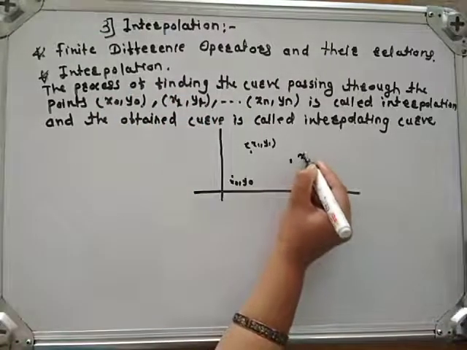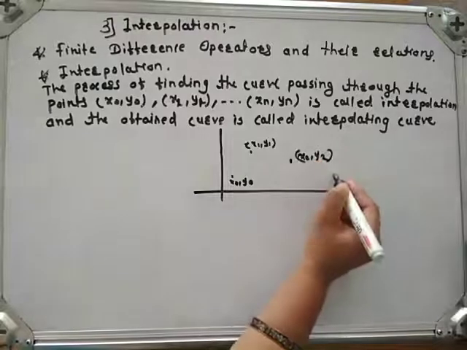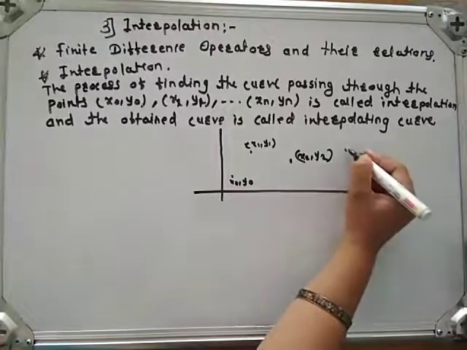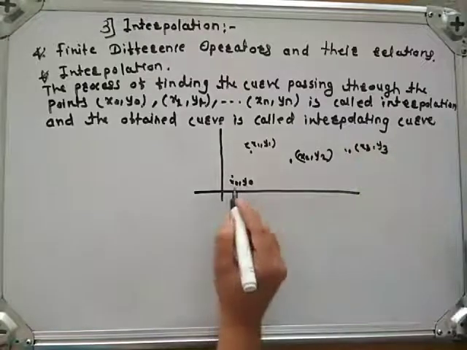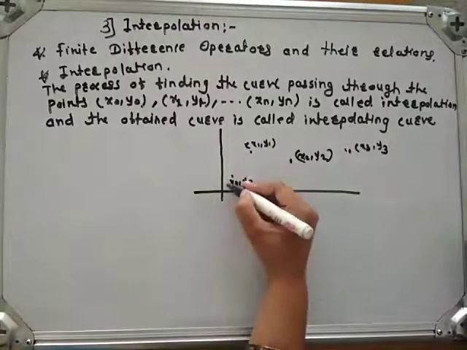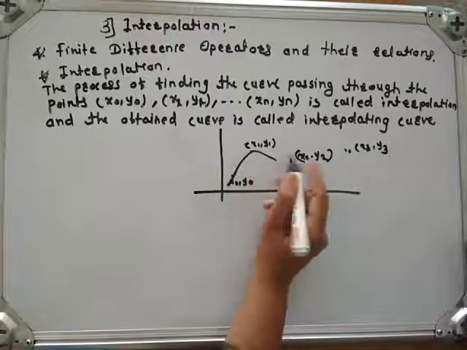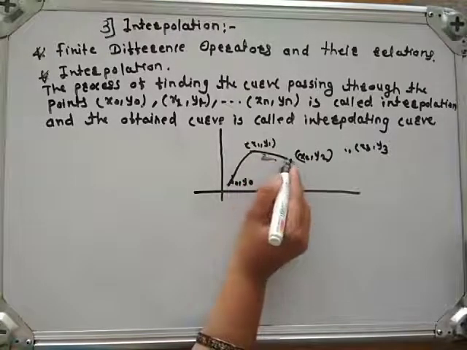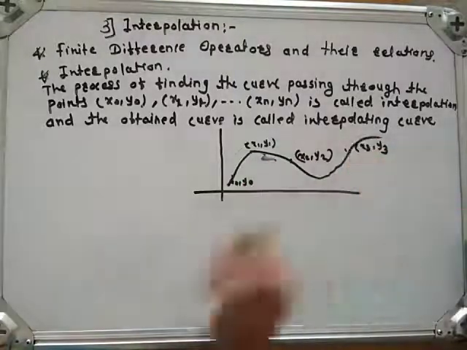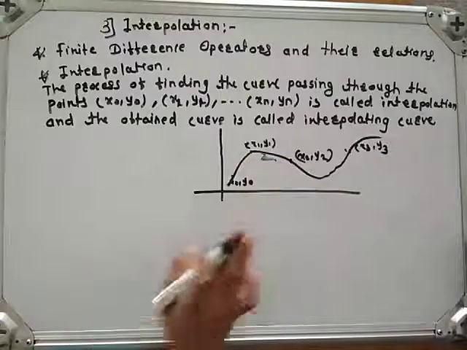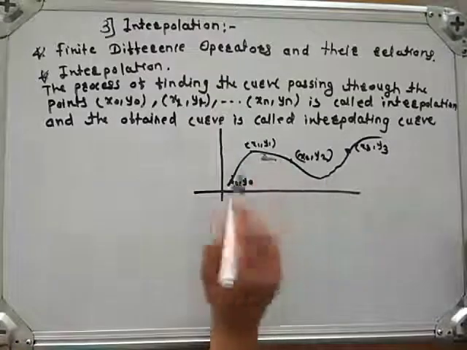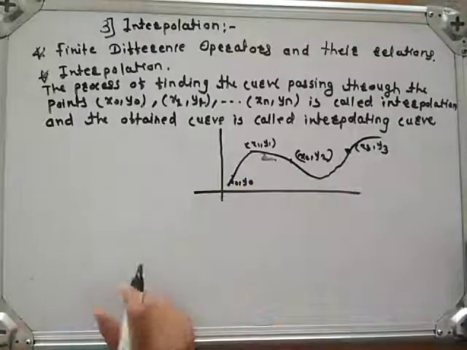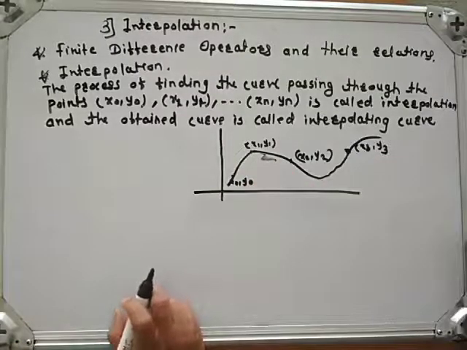Suppose here is a point x2, y2 and here is a point x3, y3. Interpolation is nothing but the process of finding the curve passing through these points. And the obtained curve is called interpolating curve.